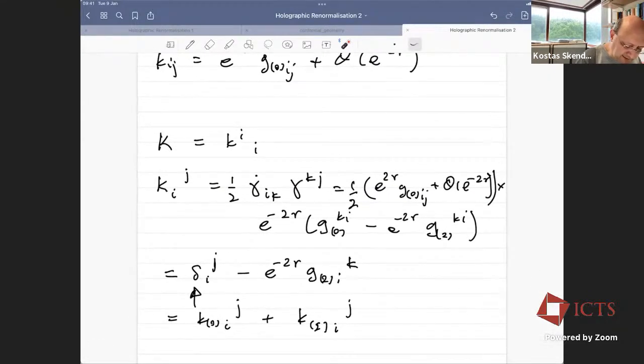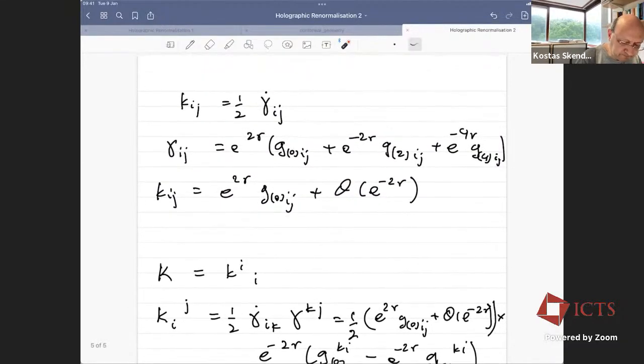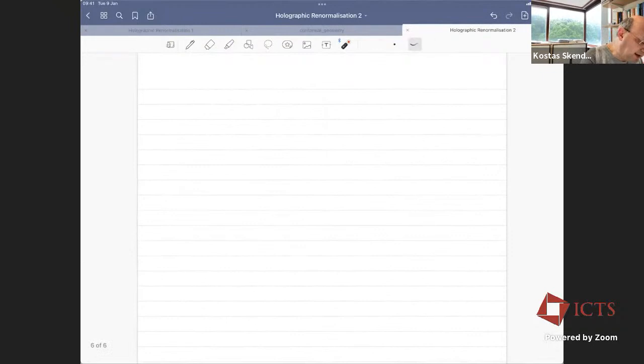So K has a piece with 0 scaling and a piece with scaling 2. Now let's make an expansion of lambda as well. So lambda would be lambda 0 plus lambda 2, and we will see in a few minutes that it also has to have an anomalous piece. I will put it here and then explain why it's needed.